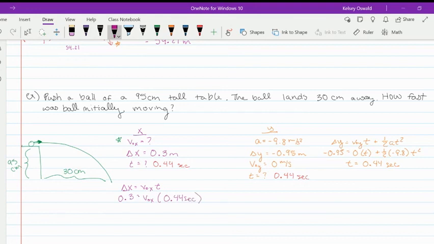To get that velocity by itself, we divide each side by 0.44, and we find that the ball was going initially at a rate of 0.681 meters per second in the horizontal direction. And again, since we have no acceleration, no forces acting horizontally, we maintain that same initial horizontal velocity the entire time.